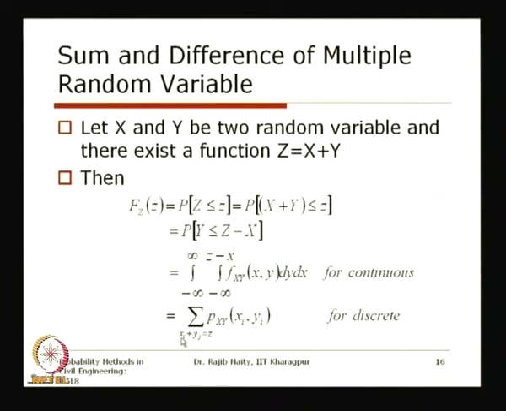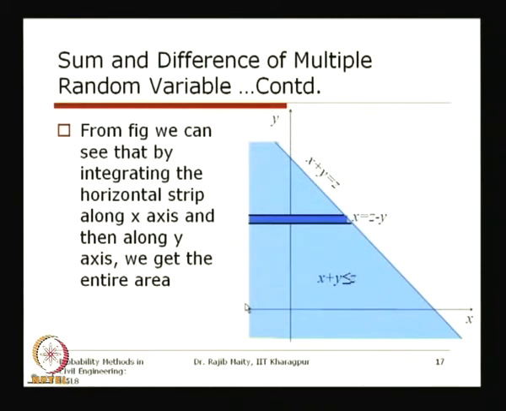For the discrete case, for whatever possible cases where xi plus yi is equal to z, or rather less than or equal to z, for all those feasible combinations of xi and yi, we have to add up this PMF to get that cumulative probability distribution.